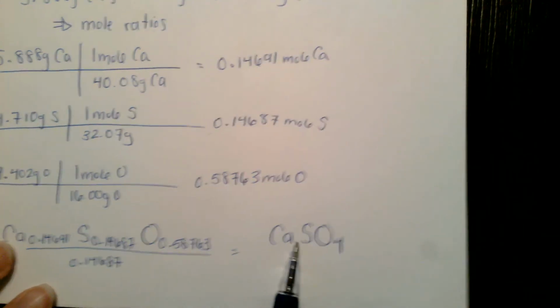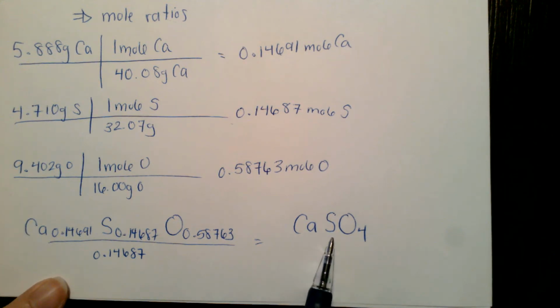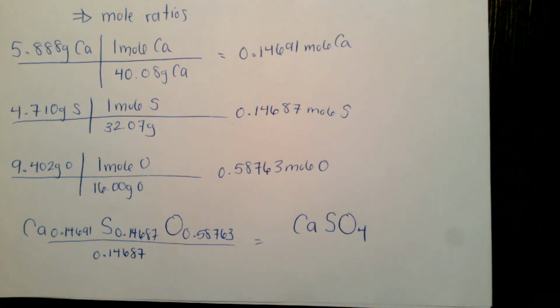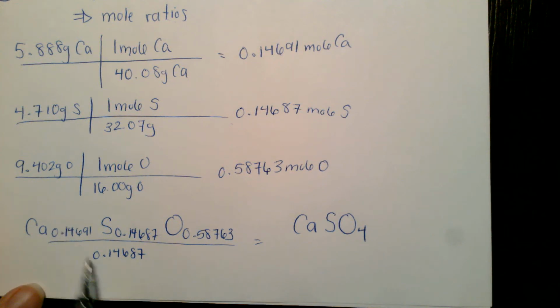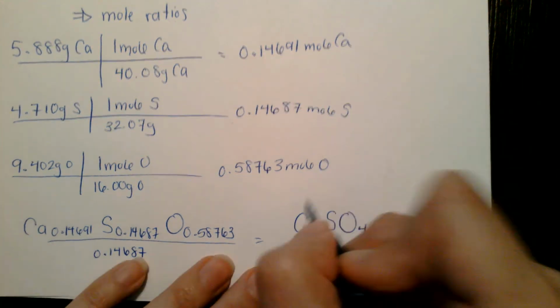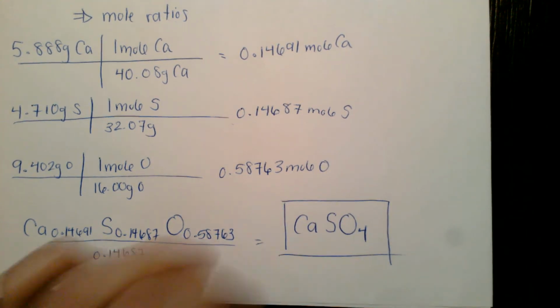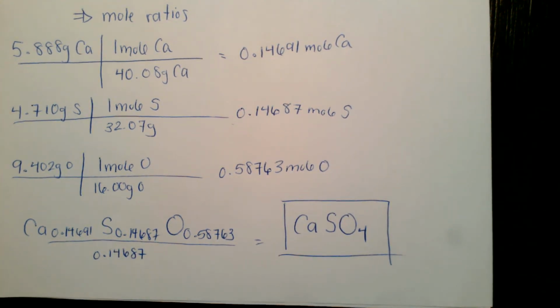So my empirical formula is CaSO4. So we have CaSO4 as our empirical formula.